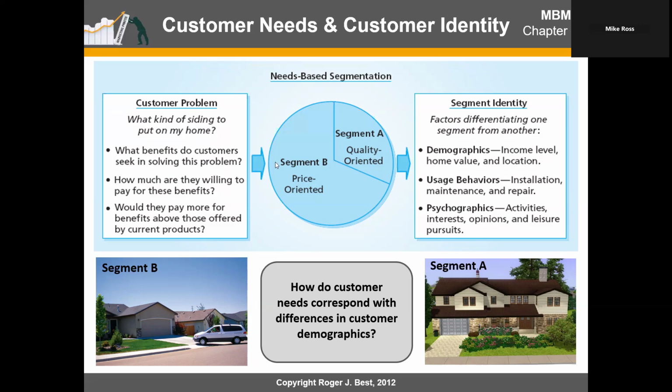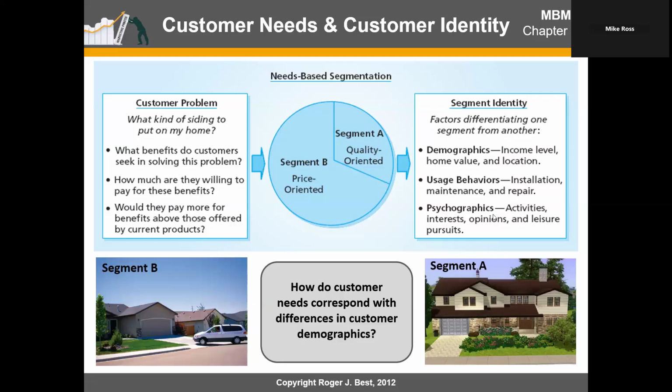So within that, we might say segment B here looks like a smaller home. Maybe the people that own this house in segment B are more focused on siding that is price oriented, or we might say value oriented, as opposed to segment A, which looks like a lot bigger house, maybe has more income.